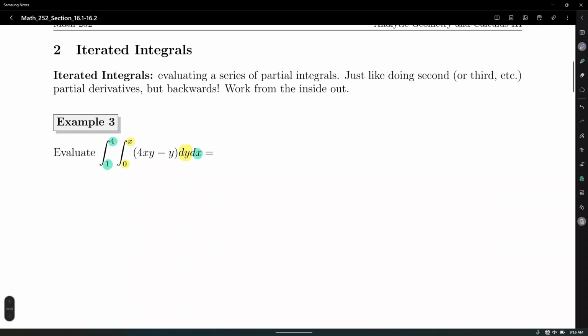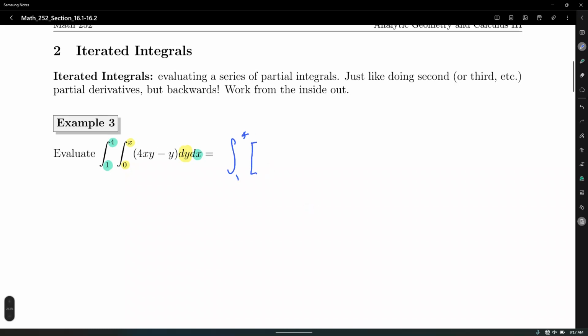So here, number 1, integrate 4xy minus y with respect to y. That is the integral from 1 to 4, okay? And then let's just open brackets, the integral of 4xy, which is 4xy squared over 2, minus y squared over 2.